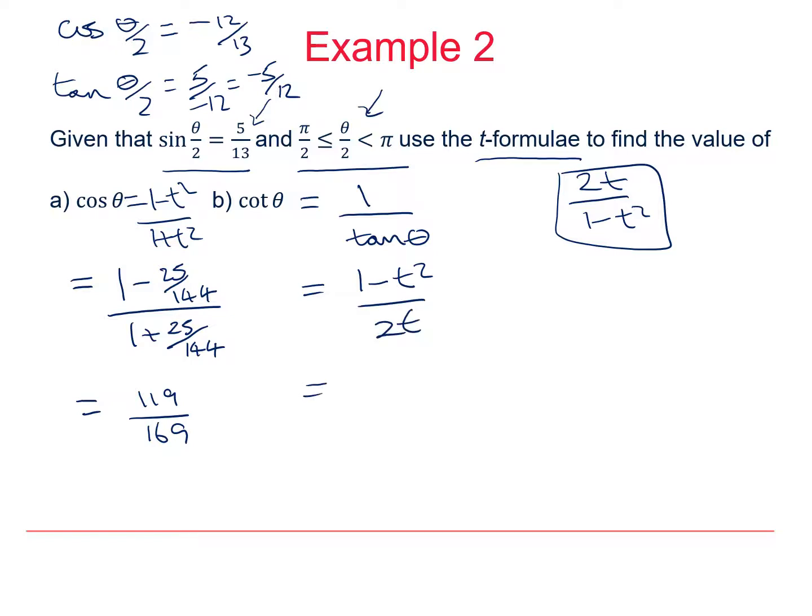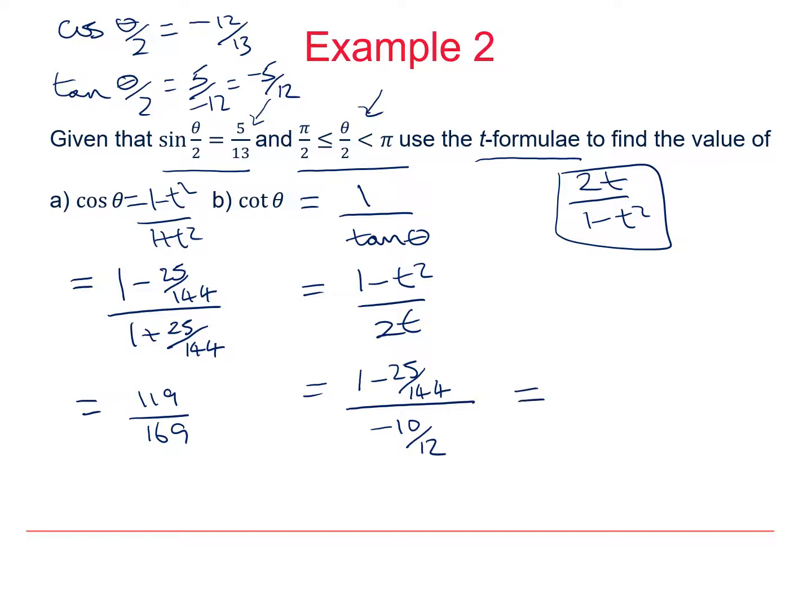We pop in the value, and the negative is going to be important this time. 1 minus 25 over 144, over minus 10 over 12.